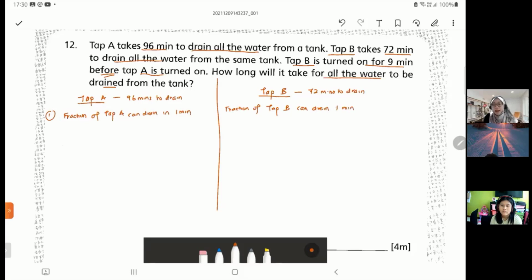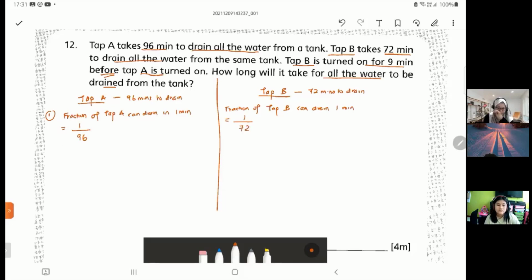In short, we're just finding in 1 minute how much of tap A can drain, and in 1 minute how much of tap B can drain. Okay, we are trying to find that. We take fractions, right? 1 out of 96. Here will be 1 out of 72.